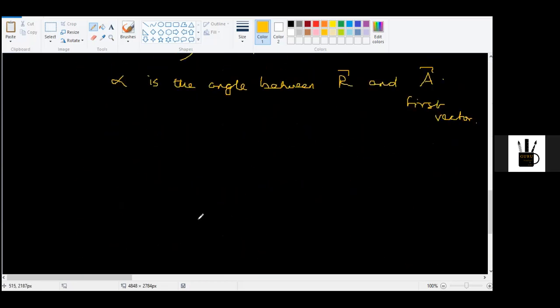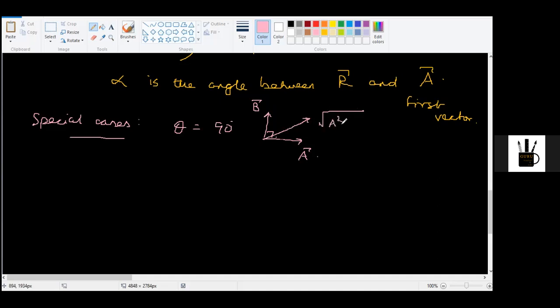So take it down. In physics, very often we are going to be studying special cases. The special case will be theta is equal to 90 degree, meaning A and B are at 90 degrees like this. Which means the resultant is going to be square root of A squared plus B squared. How do you know that? Resultant magnitude is square root of A squared plus B squared plus 2AB cos theta.